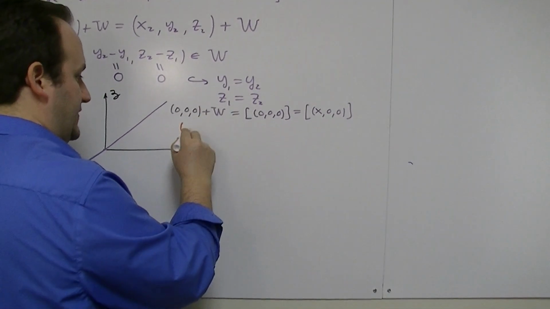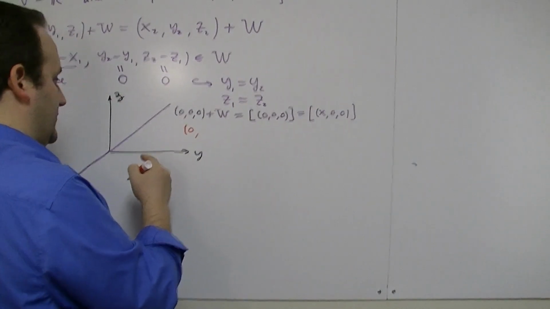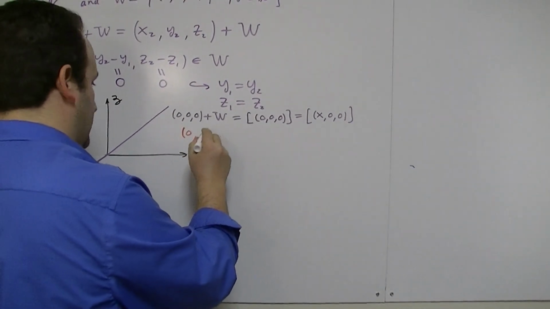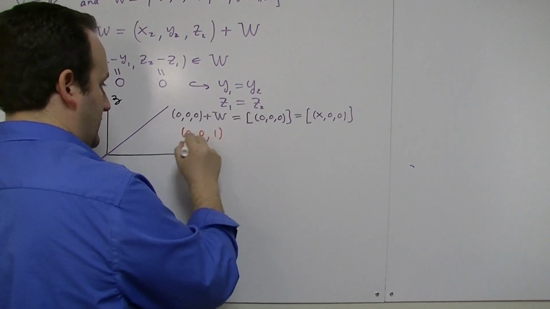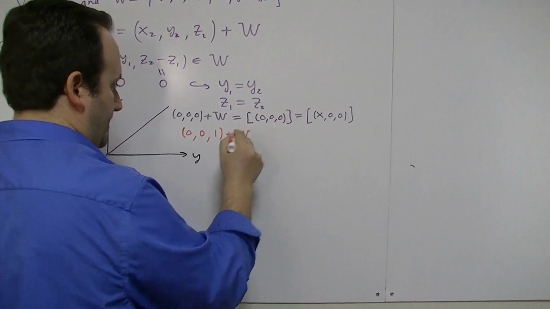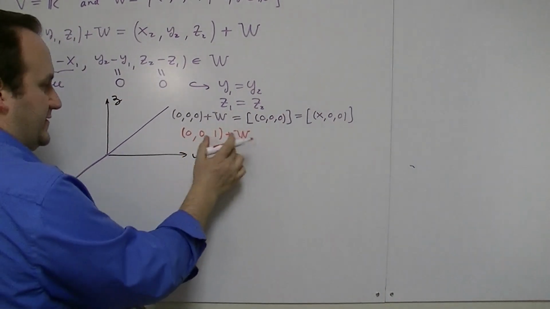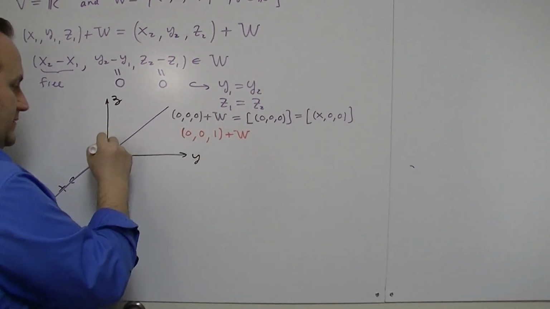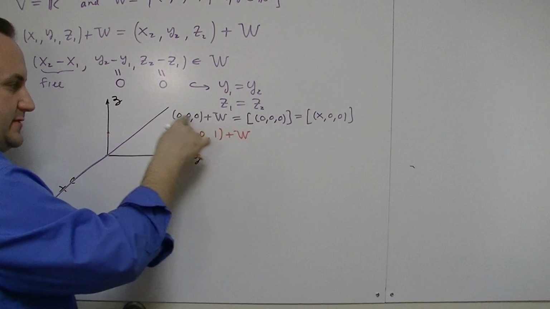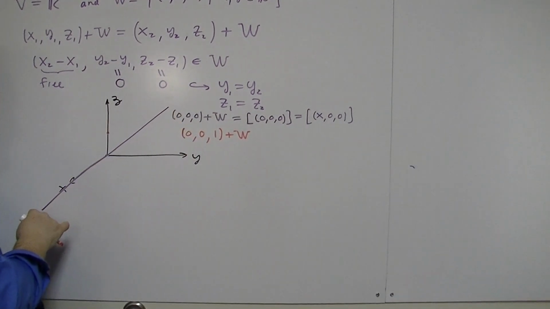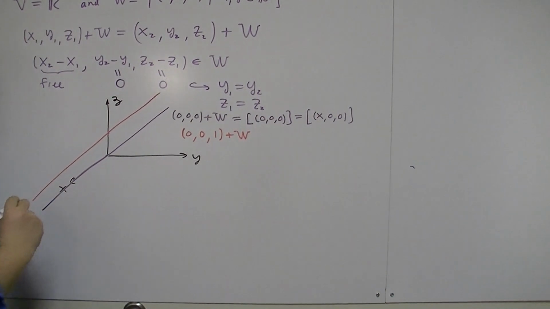I don't really care what x is, I'll put a 0 here, it doesn't really matter, but more to the point, let's put y equals 0 and z equals 1, right? So you can think about this geometrically: go up 1 unit along the z-axis here, and then add w. Well, w is this purple line, so that gives you a parallel line like that.